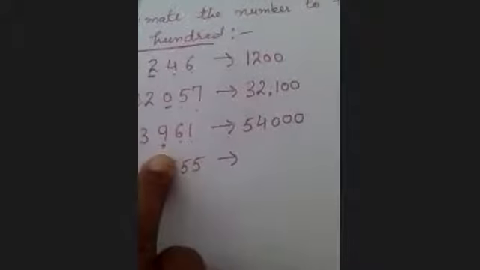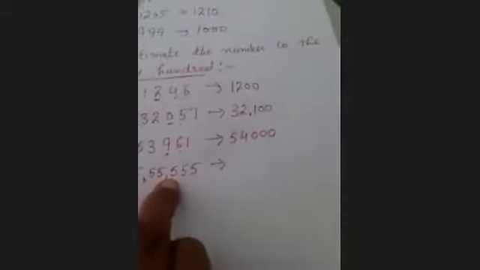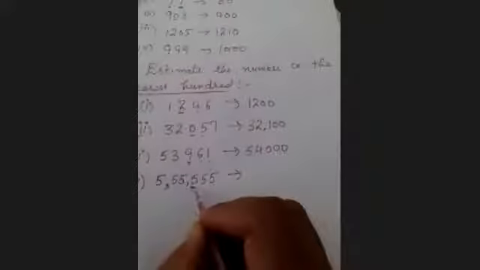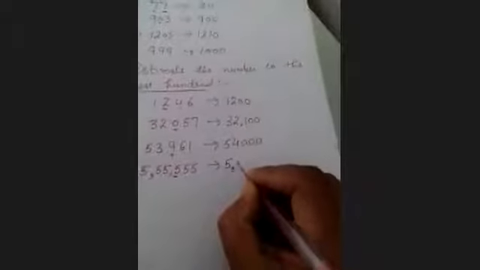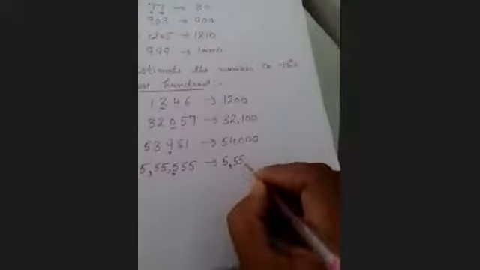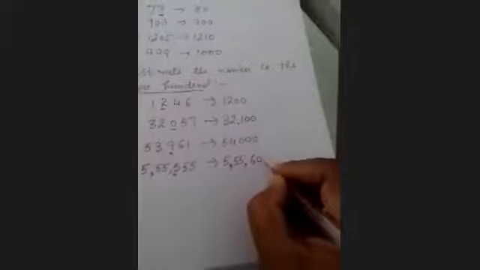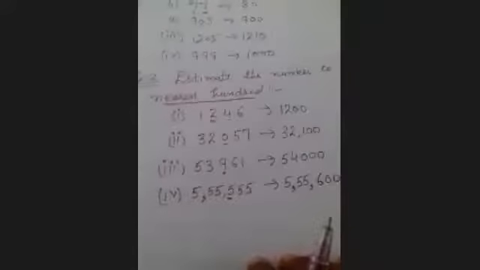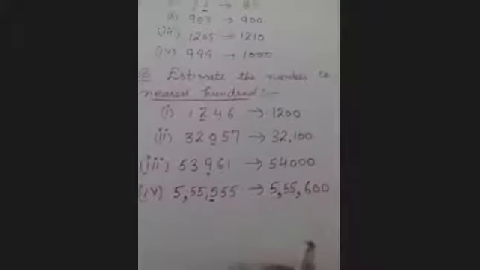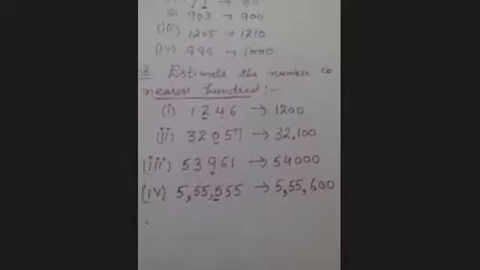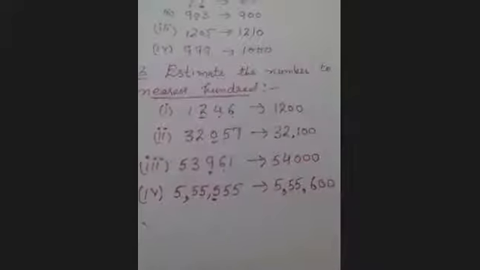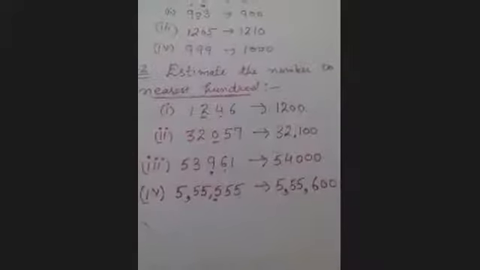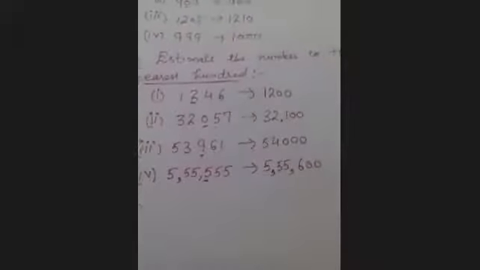The next number is 5, so 5 converts into 6. So the nearest value will be 5,55,600. This is the second question, first, second, third, and fourth parts.